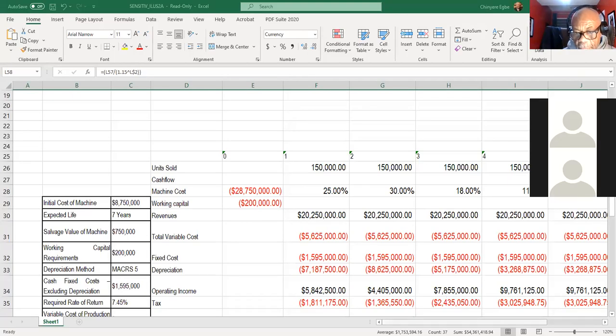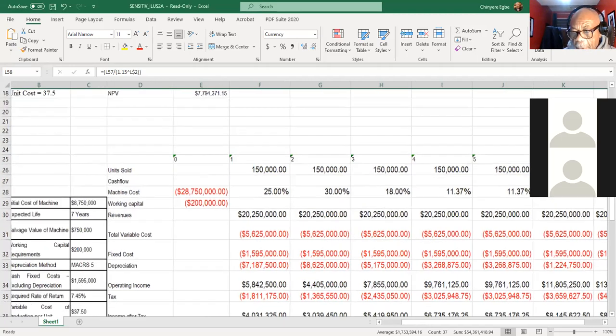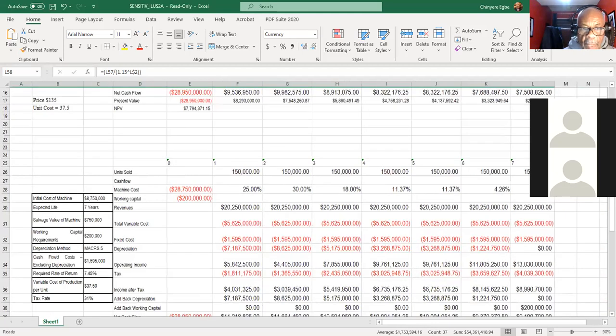So here is a solution here. Okay, now this is the solution to this particular problem. As you can see, are you able to see the entire thing? Let me reduce it a little bit. All right, can you see it?